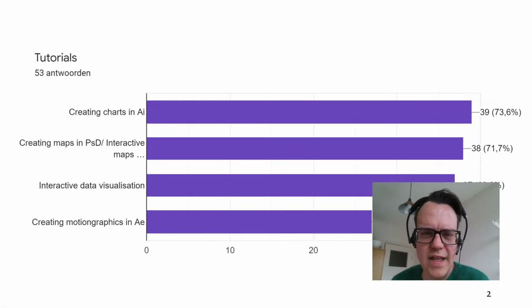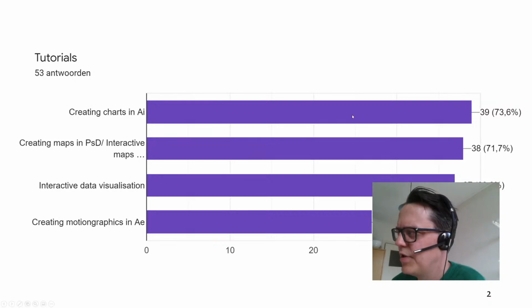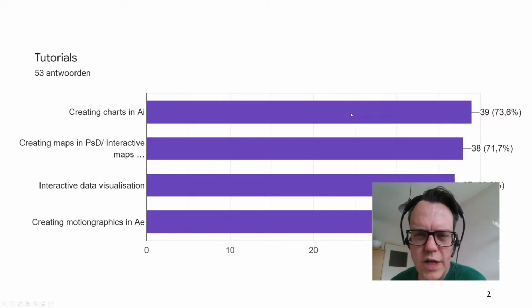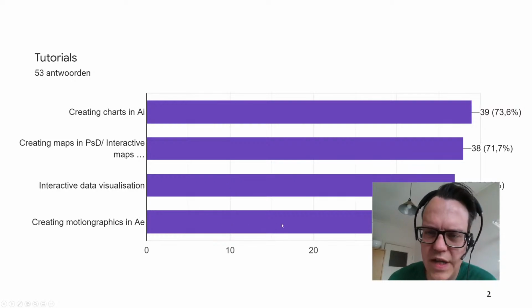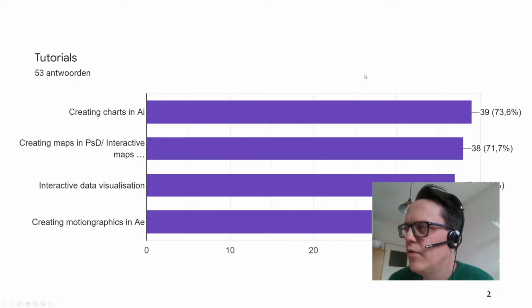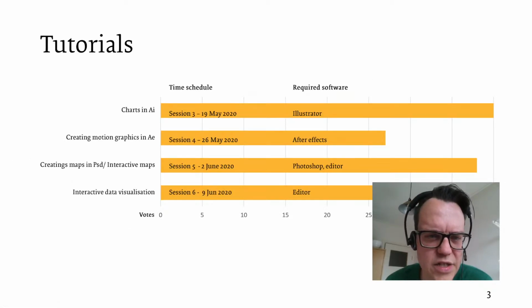All right, these are the tutorials that you've preferred. Creating charts in Adobe Illustrator was the most popular one. Creating maps in Photoshop and interactive maps is second to that. Interactive data visualization is next, and then creating motion graphics. But as you might have already seen, I decided to do After Effects the next session.